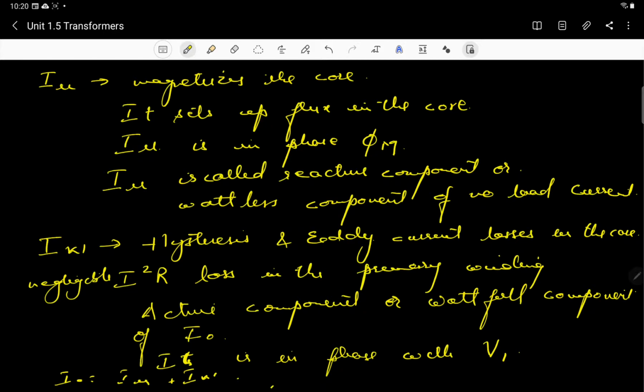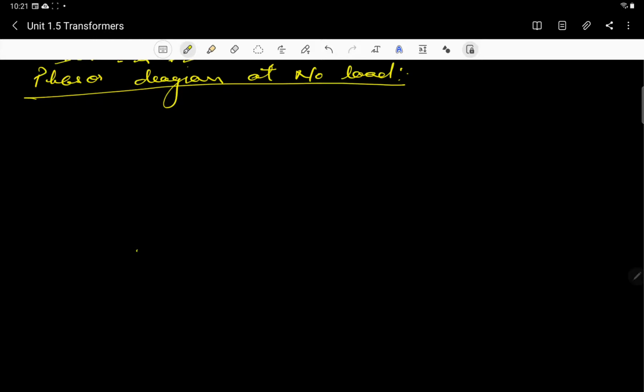Let's move further and see the phasor diagram at no load. So as we have already discussed few things about the watt full and watt less component, let's draw this line, okay, and this line. We are not mentioning anything yet.